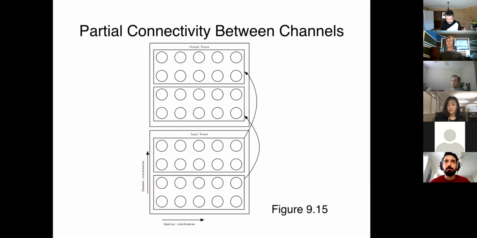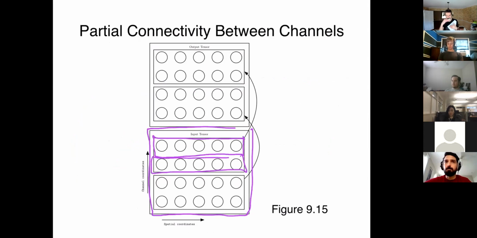Also, you can consider some partial connectivity between channels too. If you think, each of these represents, for example, one input tensor, and the channels are here, right?